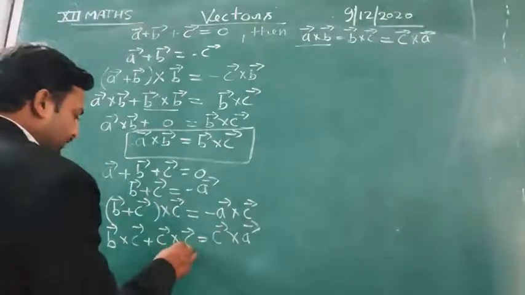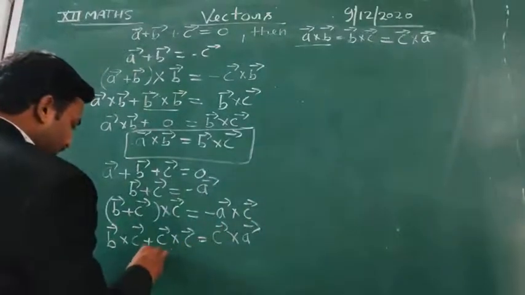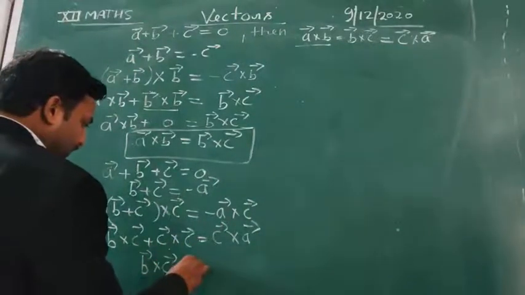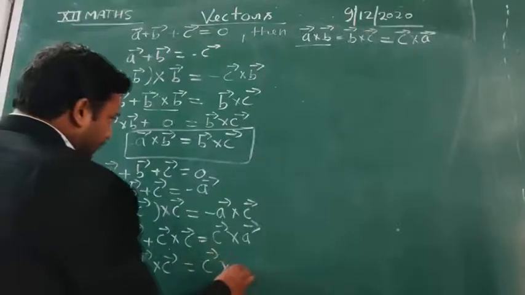Now students, this term will be 0. So we write B cross C is equal to C cross A again here.